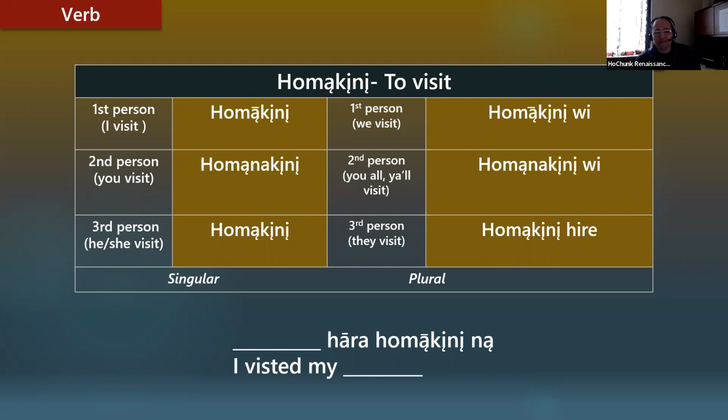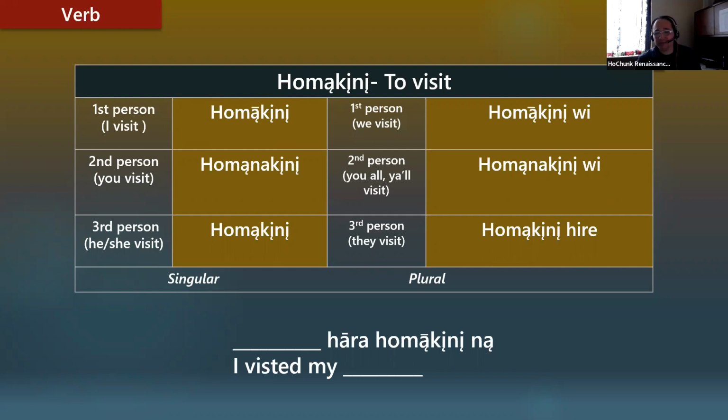And if I were to say you visited my grandfather, how would we say that, DC? Hichoka homanakinina. Close. Oh, hichoka hada. Yeah, hichoke hada. Yeah.